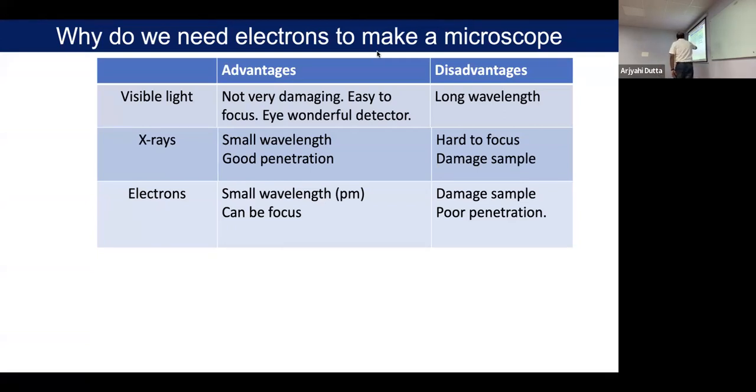That is the problem. Now we can talk about the electron. It has a small wavelength, in the picometre range, and it can also damage the sample. Because the wavelength is smaller, it has poorer penetration power than X-ray.